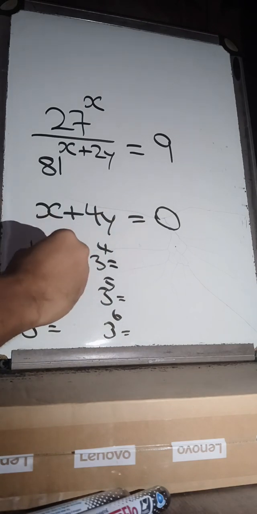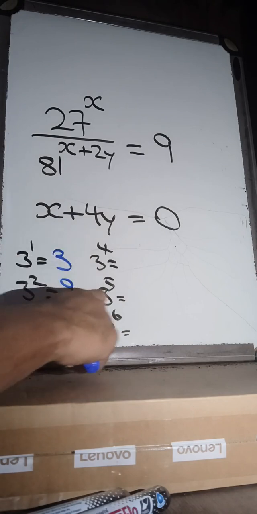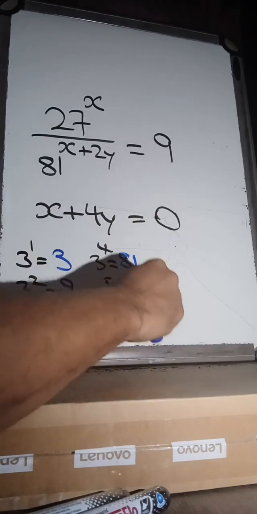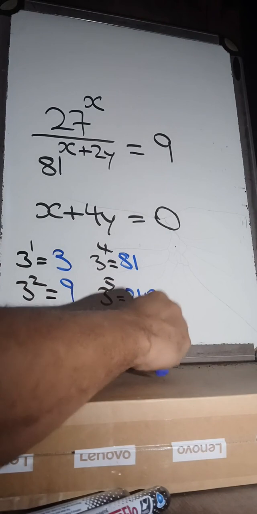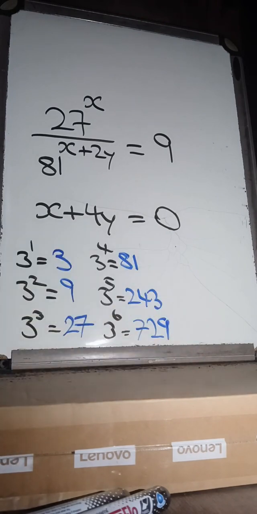So we have 3, 9, 27, 81, 243, 729. Now the reason why all of that is important is because all of these are powers raised from the base 3. Once you have 9, 27, 81, they're all related to 3.